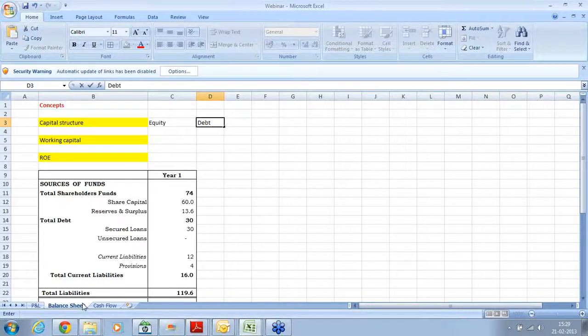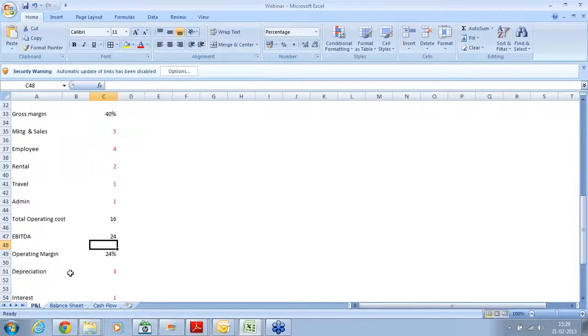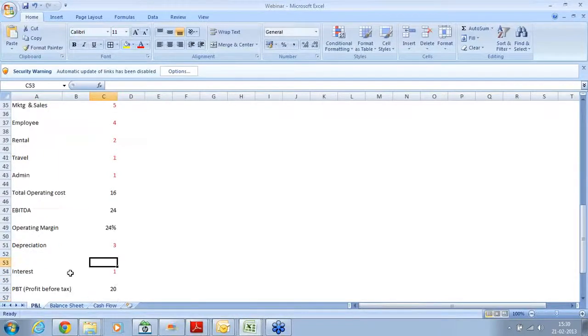Again, let us go back to that earlier discussion we had about P&L. This is the key issue, your EBITDA, your operating margin. How much margin you can build in your business, because only from here you're going to pay your interest. Remember that. And the higher your margins, the more buffer you have to pay the interest.